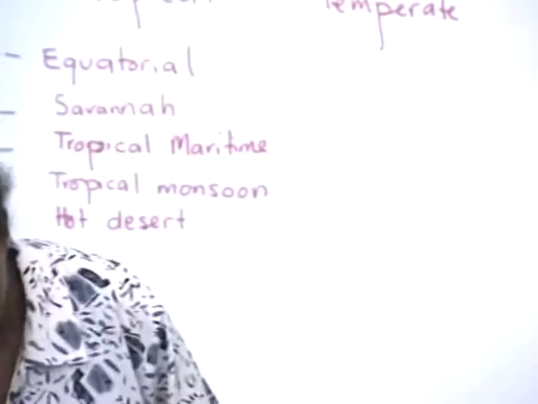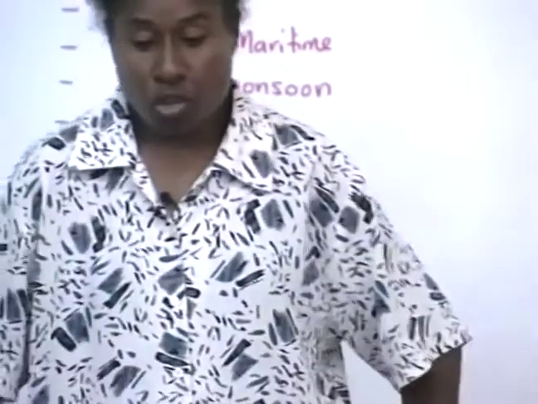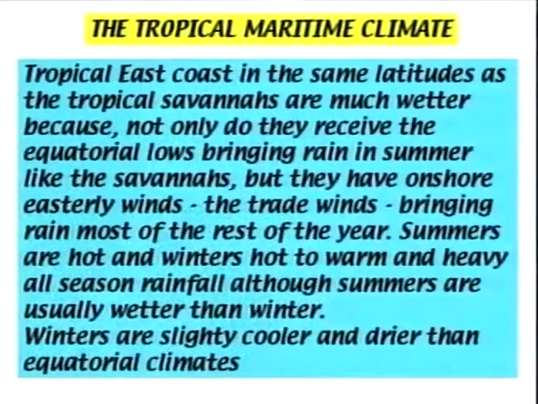So from the introduction, it tells us that the tropical east coast in the same latitudes as the tropical savannas is much wetter, because not only does it receive the equatorial lows bringing rain in summer like the savannas, but it has onshore easterly winds or the trade winds bringing rain most of the rest of the year.